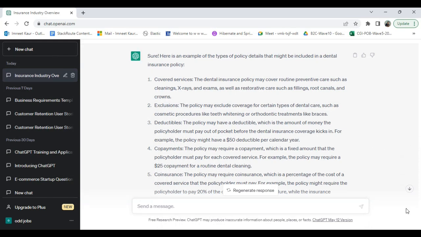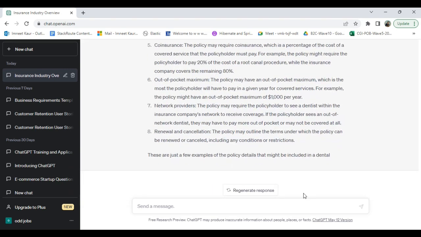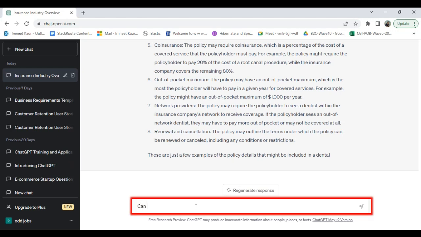So now let us see if it can provide us the list of rules that a claim system uses to determine the coverage. So I'll just type in, can you give me a list of rules that a claims processing system would use to determine types of coverage?